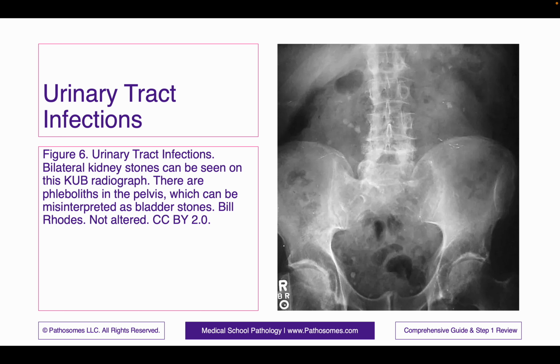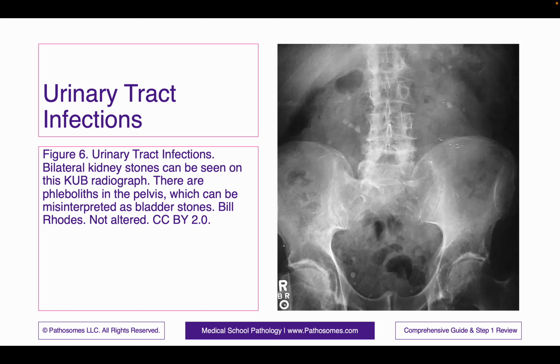Radiography such as X-ray can also be used to identify kidney, bladder, or ureter issues. Here we can see bilateral kidney stones that can be seen with a KUB radiography. KUB stands for kidney, ureter, bladder.